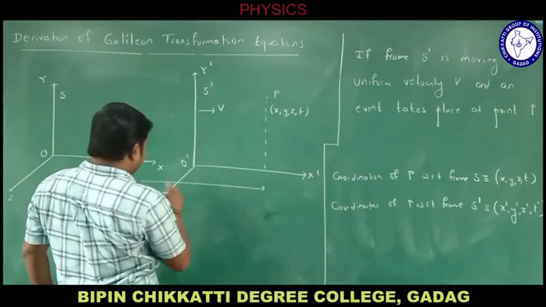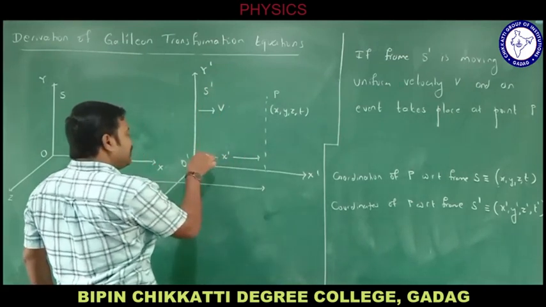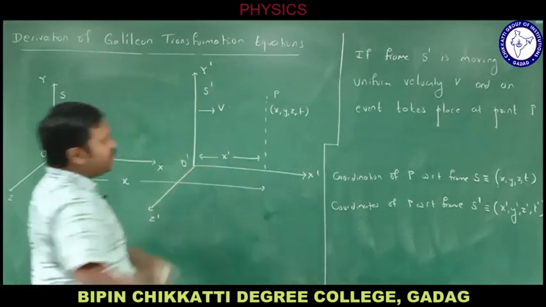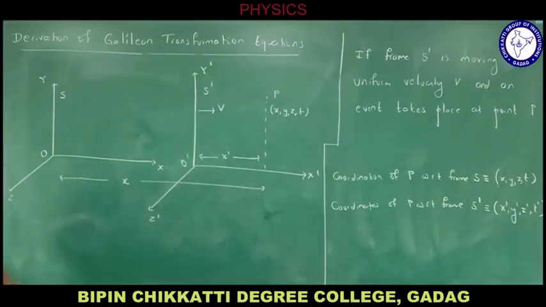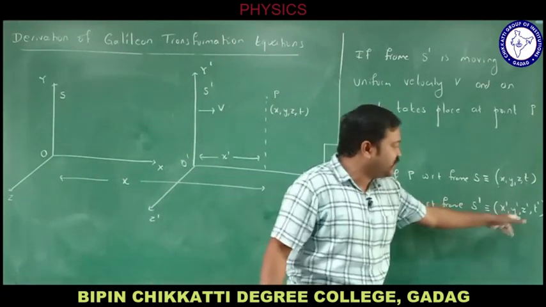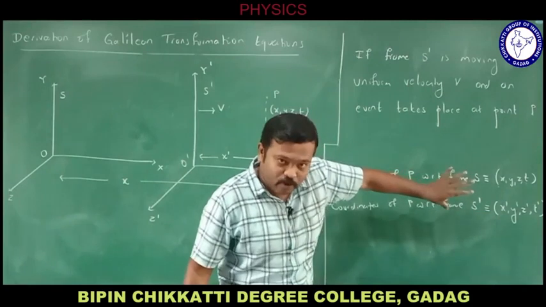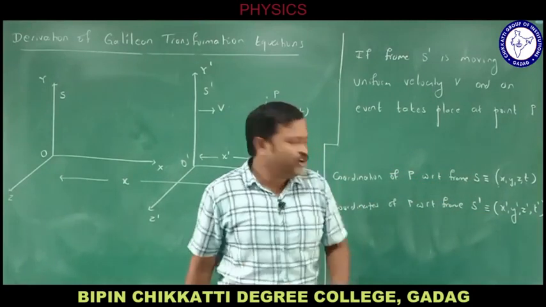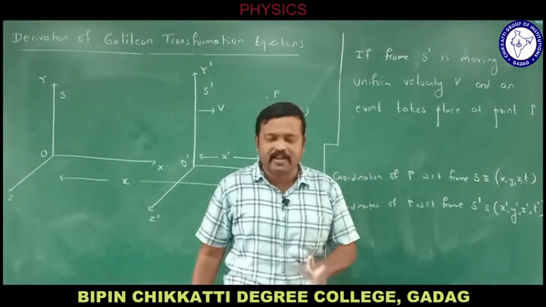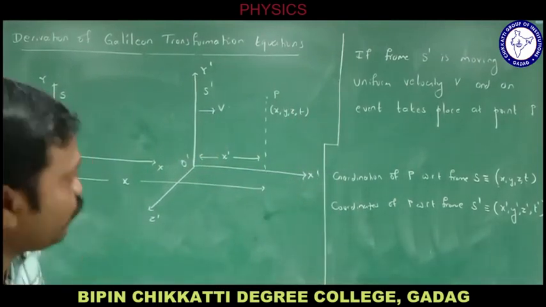Let me consider this distance as X dash, this as Y dash and this as Z dash. The coordinates of P with respect to frame S dash are X dash, Y dash, Z dash and T dash. We got two space-time coordinates and we will be linking these two coordinates, and the equations we get are the Galilean transformation equations.